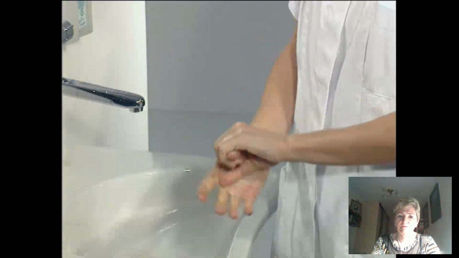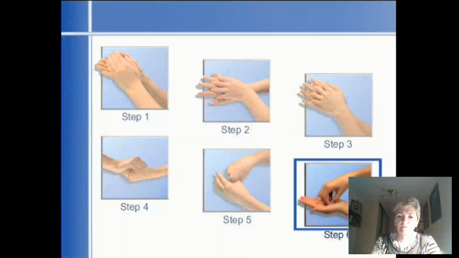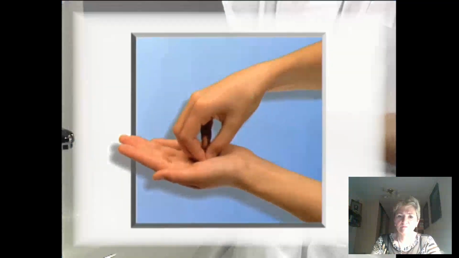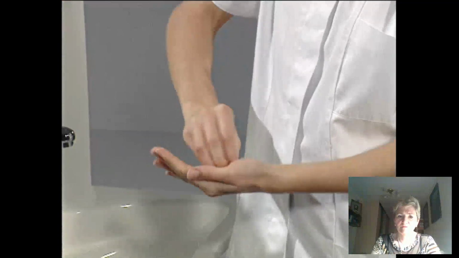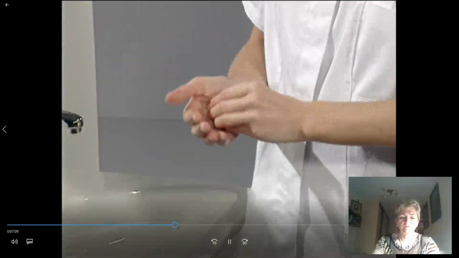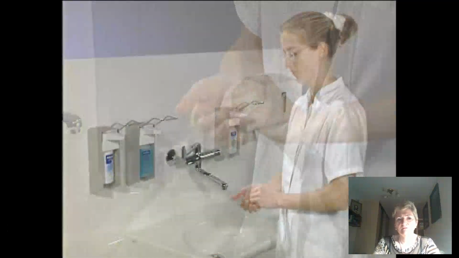Then repeat with the other thumb. Finally, move the fingertips of one hand in a circular motion in the palm of the other hand and vice versa, so that the disinfectant can get on the fingertips and under the nails.